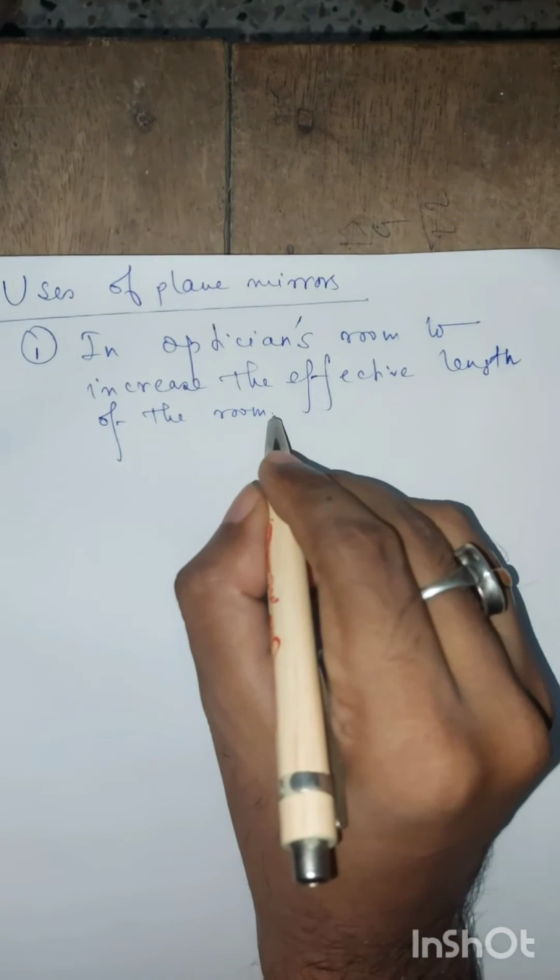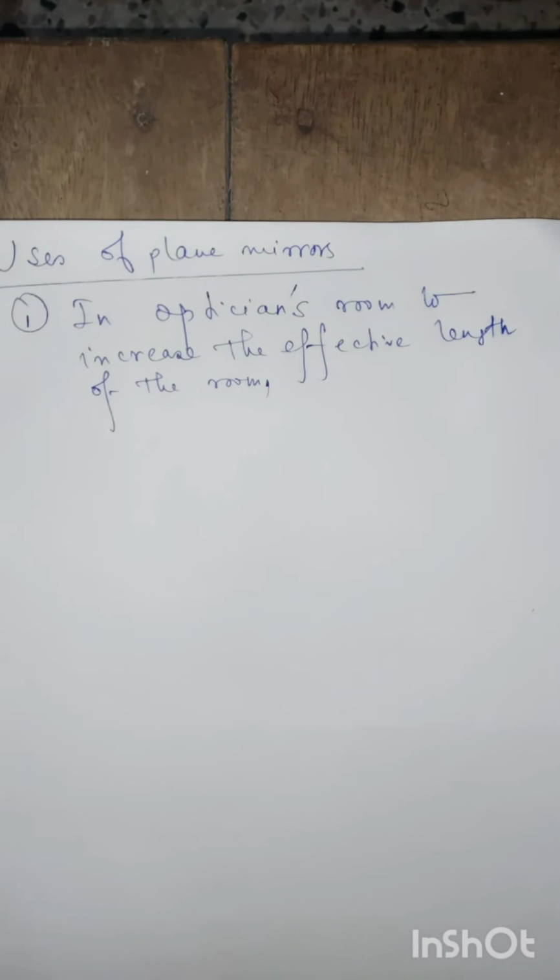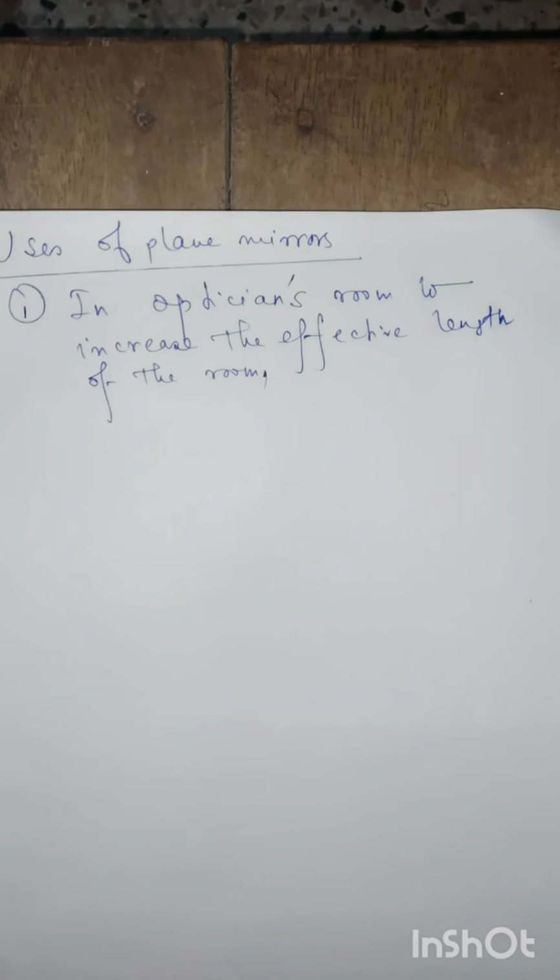In an optician's room, to increase the effective length of the room, generally in an optician's chamber, a mirror is placed in the front wall and opposite to that wall a chair is kept facing the mirror.